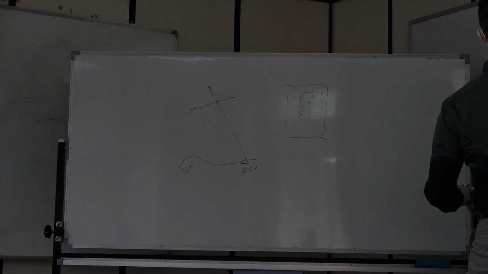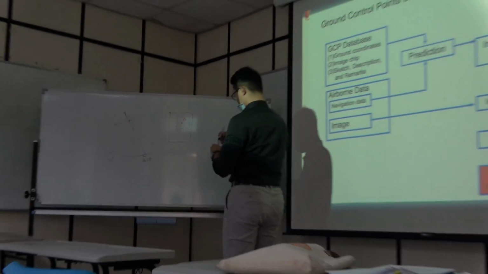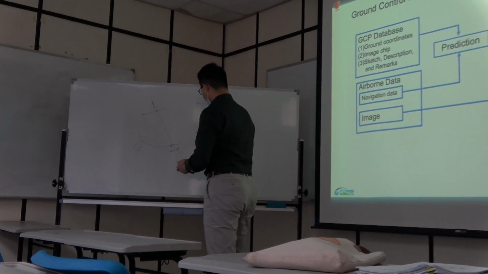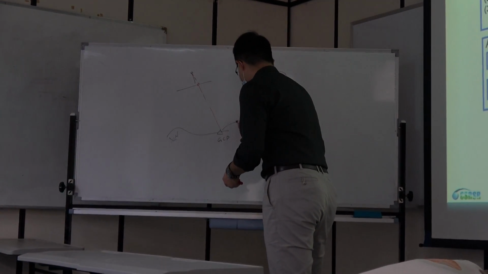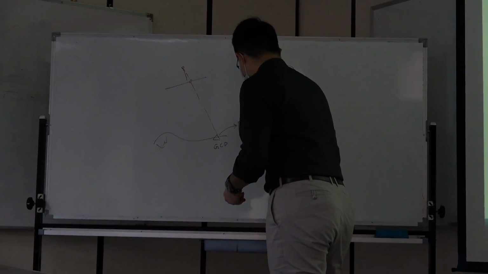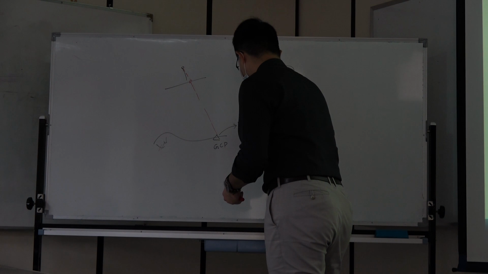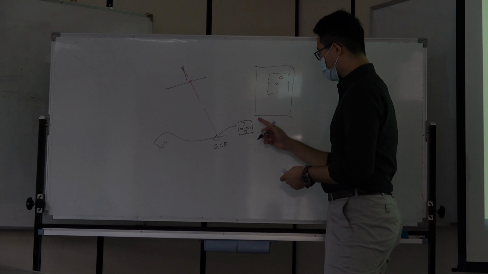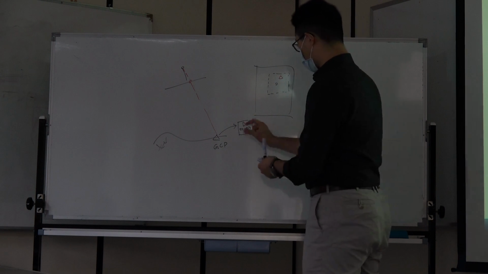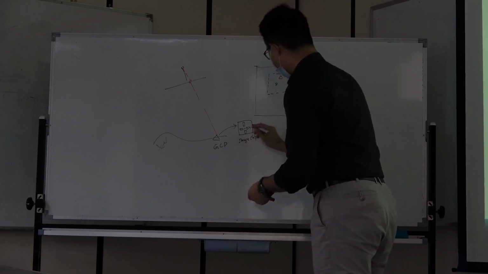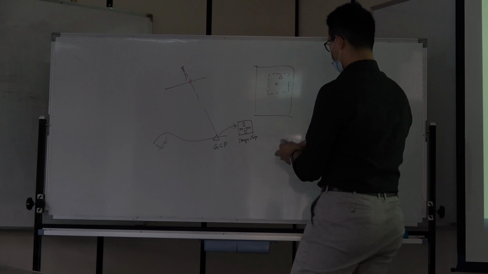After you have that, each GCP contains a small image, for example, something like this. Then with this image shape, you can match that here.